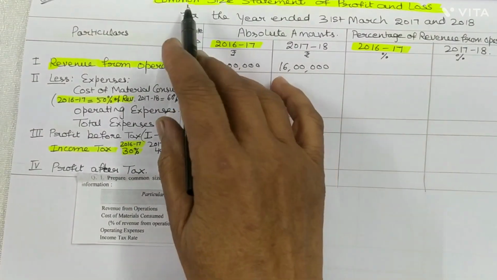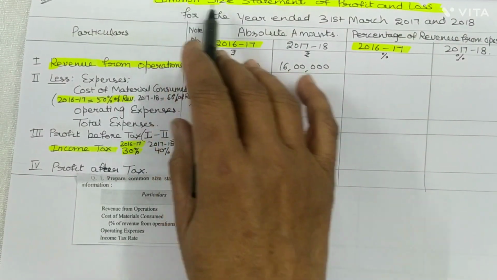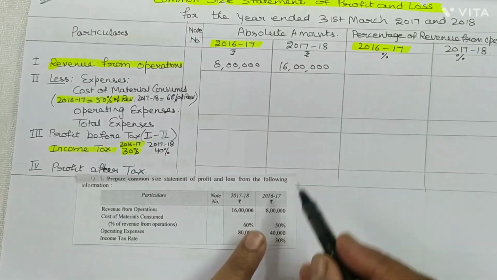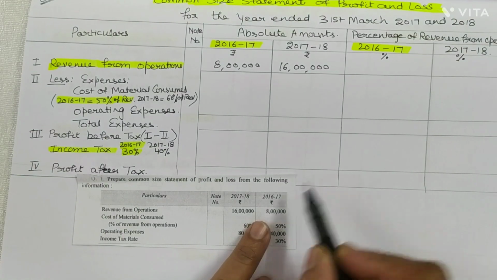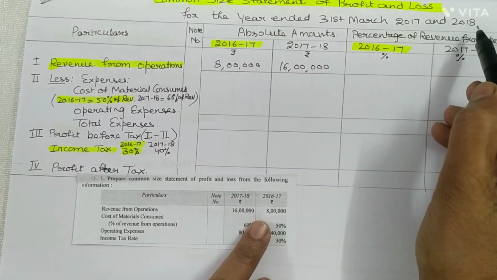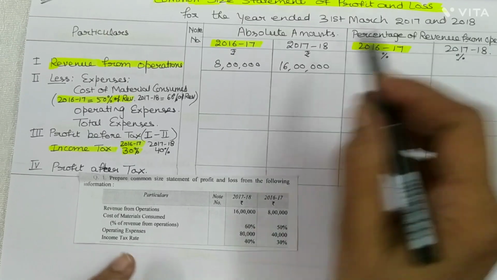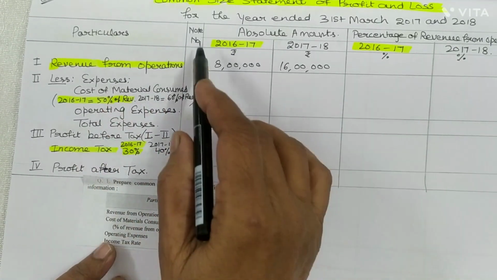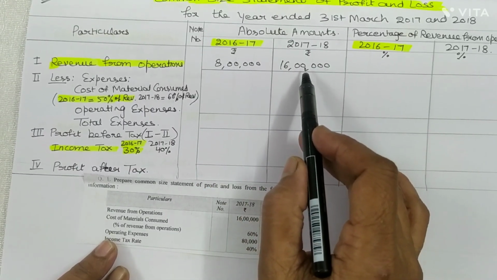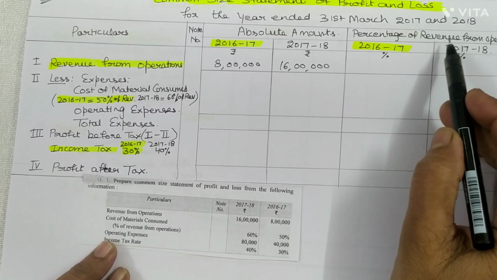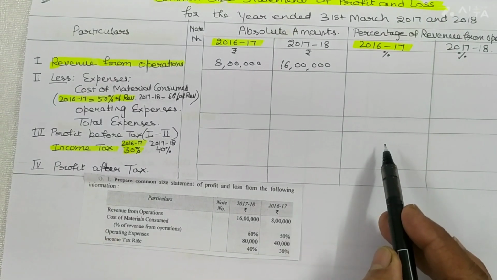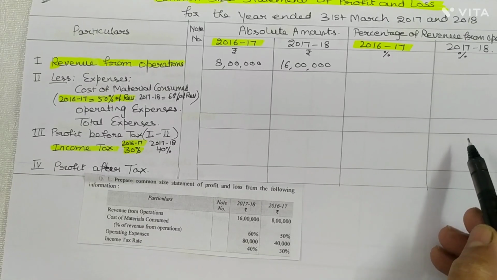Format of common size statement of P&L for the year ended 31st March 2017 and 2018. The first column is for particulars, then note number, absolute amount for previous year and for current year. And then you have to take percentage of revenue from operation. The first column is for previous year and the second column is for current year.